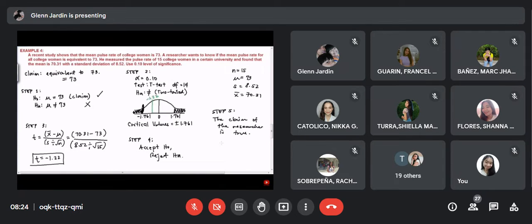Or, pwede nating sabihin, the mean pulse rate for all college women is equivalent to 73. Kasi yun yung gusto niya malaman, yung kiniklaim niya. Actually, hindi niya kiniklaim, pero nilagay na natin na claim. Okay? Pero yun yun. So, yung final ano natin dito is the mean pulse rate equivalent to 73.